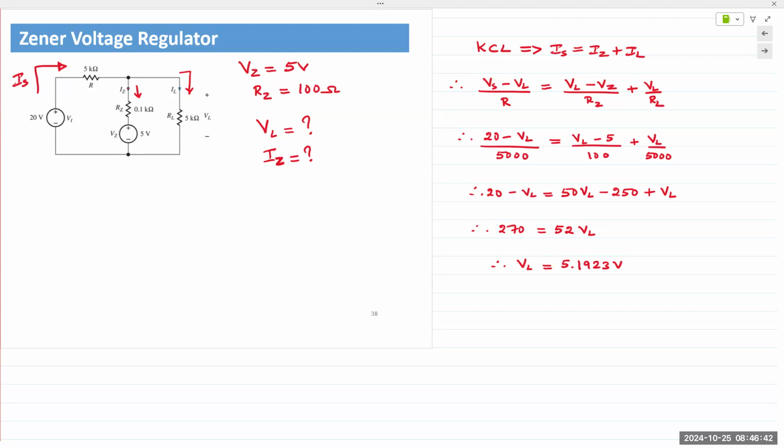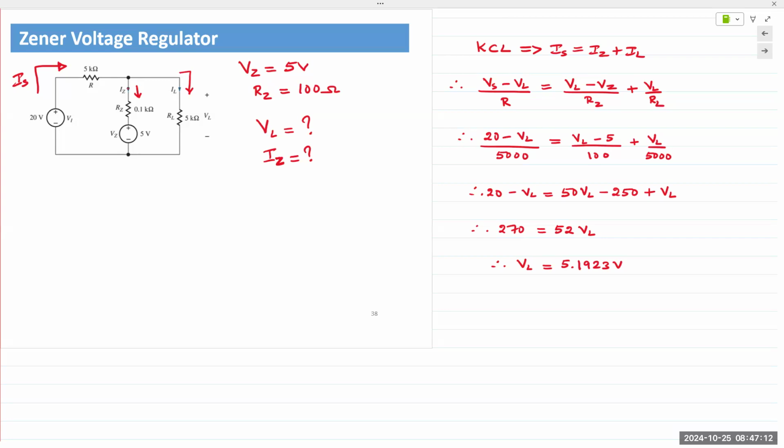One important point to keep in mind is that the Zener resistance is not a separate component. Zener resistance is the effect of the Zener diode, so it is part of the Zener diode. Even though our load is connected physically in parallel to that Zener diode, it is seeing both the Zener resistance as well as the Zener voltage.